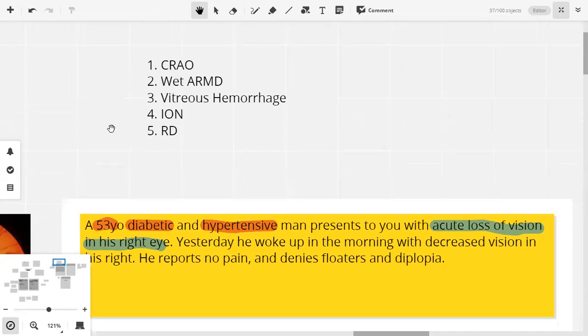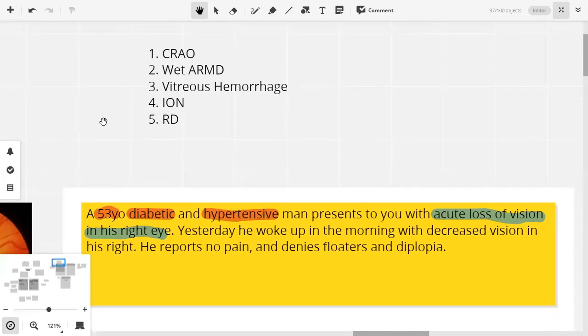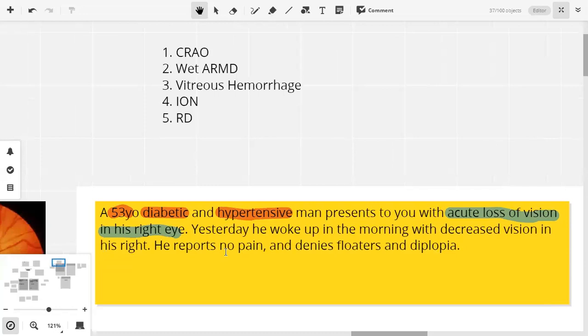Further, we read the history. Yesterday he woke up in the morning with decreased vision in his right eye. He reports no pain, denies floaters and diplopia. Floaters are usually present in retinal detachment, and also in vitreous hemorrhage.